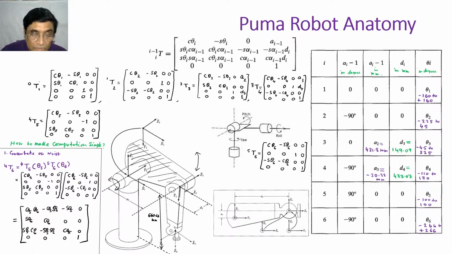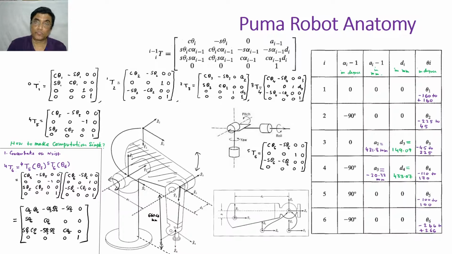Another motion you have identified here is the elbow, just like my elbow. The only difference is that my shoulder may have more than 1 degree of freedom, but in a typical robot, one joint has 1 degree of freedom.